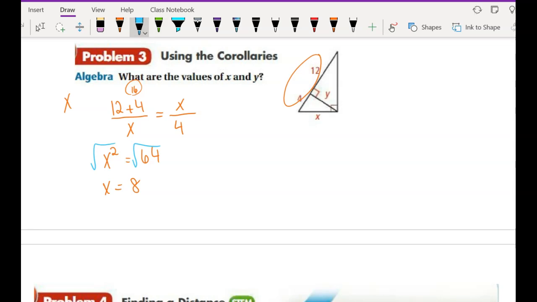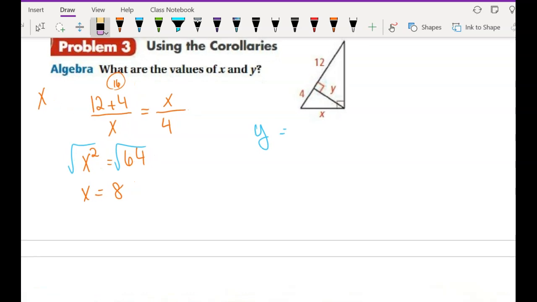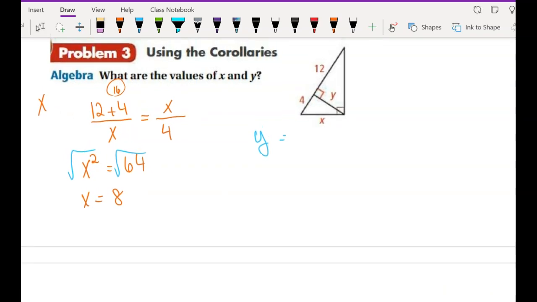Now let's take a look at y. So for my y value, I'm going to look at where it's located first. Okay, so my y value is on the altitude, so I'm going to use corollary 1.